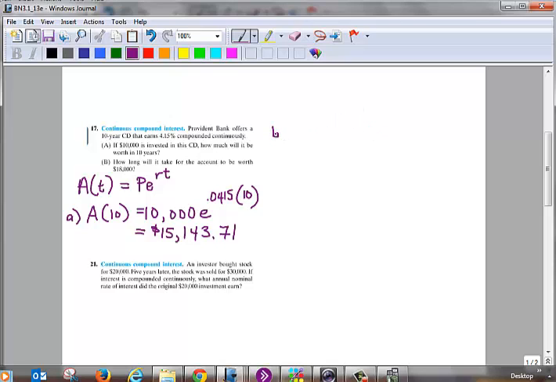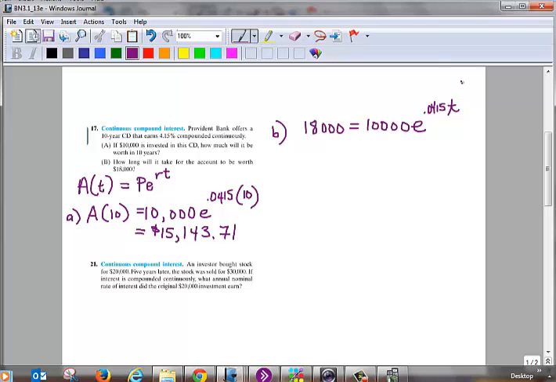So the setup for this is that I know that I'm going to have 18,000 given I've invested 10,000, and we'll multiply by e to the power of that same rate multiplied by t time. So in this case, I'm going to make this rate a little clearer here.